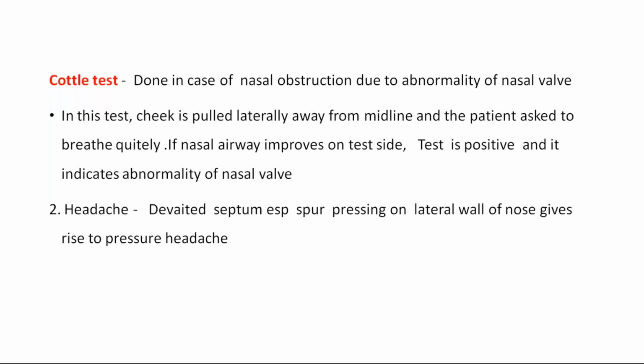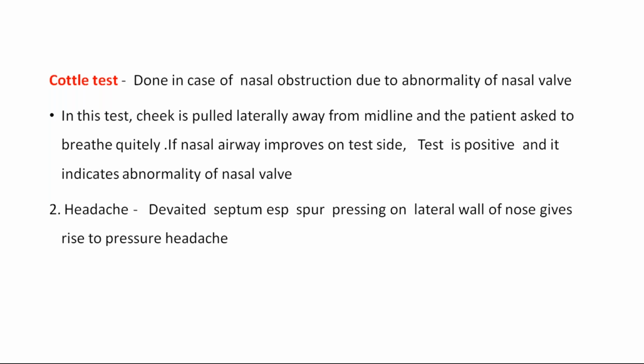The internal nasal valve again has three boundaries. Medially you have the septum. Laterally you have the caudal end of the upper lateral cartilage and the anterior part of the inferior turbinate.